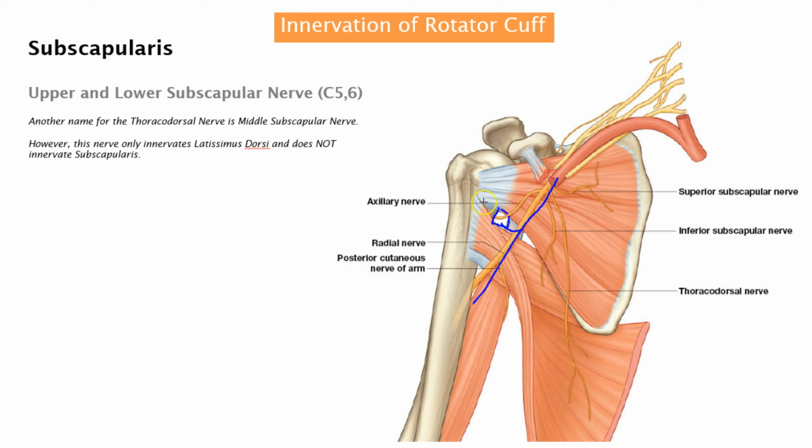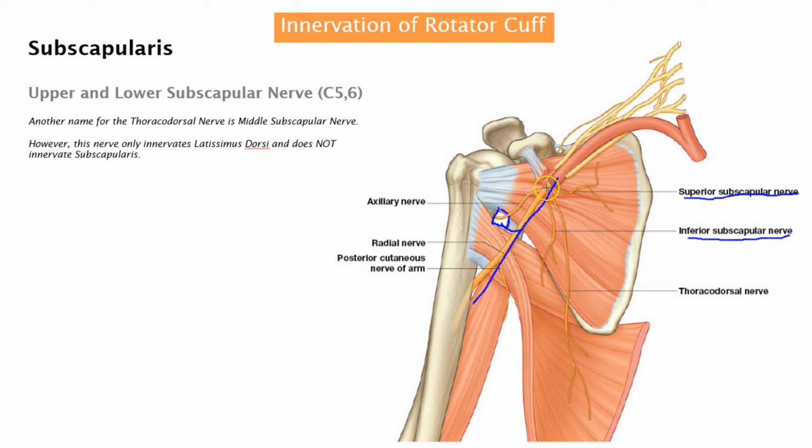Now let's turn our attention to the subscapularis muscle. We can see the innervation of the subscapularis as being 2 nerves, the superior and inferior subscapular nerves. They also come off this part of the brachial plexus. It's called the posterior cord. We'll see this in the next discussion, I believe, in the axilla and posterior triangle.